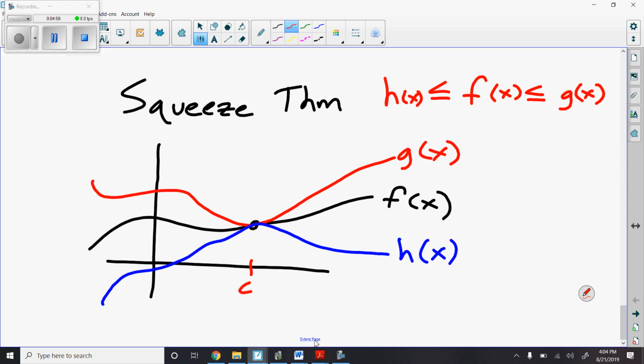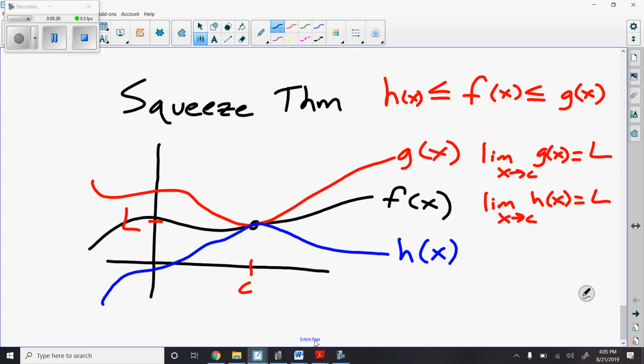Let's call this point C. We'll call this capital L. If we know that the limit as x goes to c of g of x equals some number, and the limit as x goes to c of h of x goes to that same L value, then by the squeeze theorem, we can say that the limit as x goes to c of f of x must also equal L.